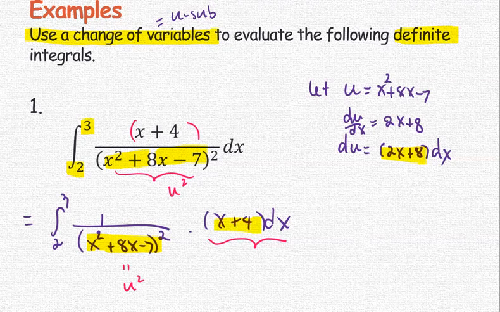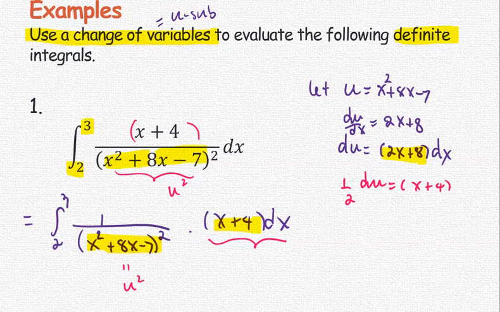So we can see this as a half of du is x plus 4 times dx. Or you can multiply by 2, and you get exactly the same as I put on the side notes. But if you multiply by 2, you have to divide by 2 as well. Whatever way is easier for you.